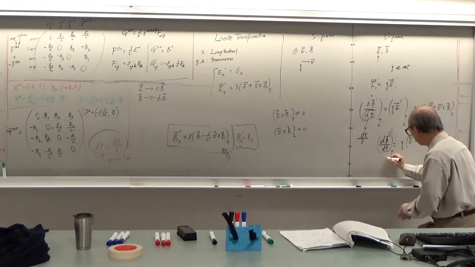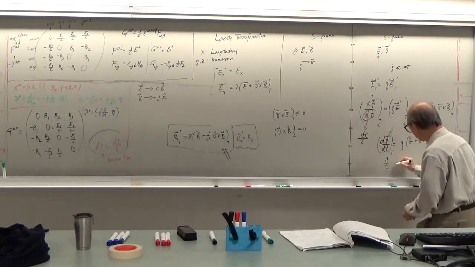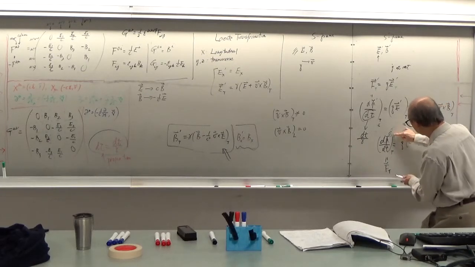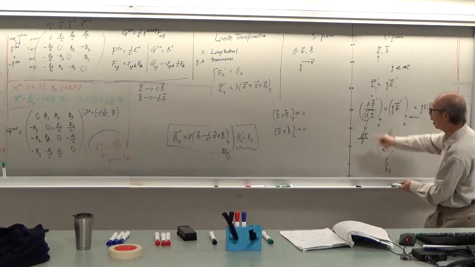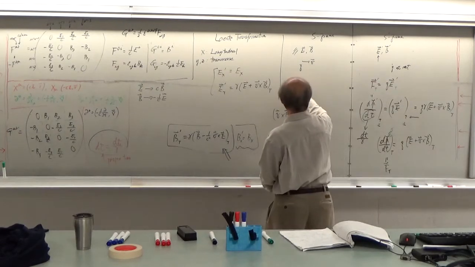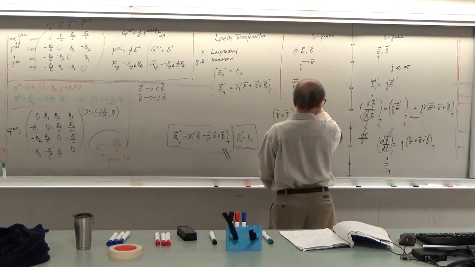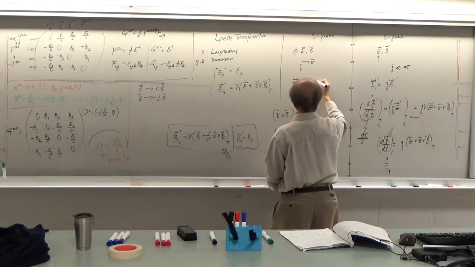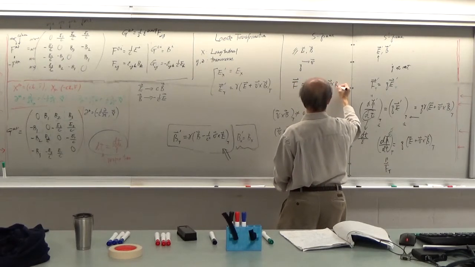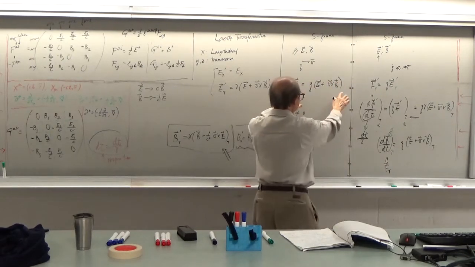And this, of course, is the transverse component of the force in the unprimed frame. So I arrive at the force law, F is equal to Q times E plus V cross B. At least that's true for the transverse part.